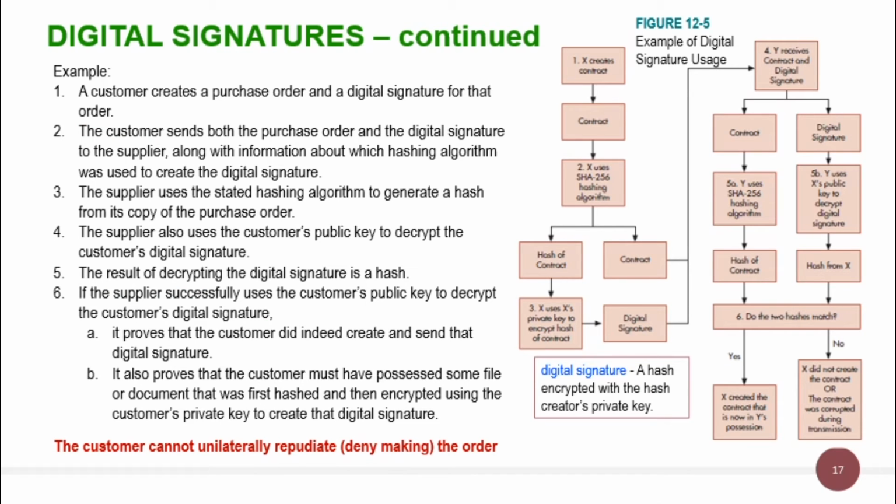For example, this is the example in figure 12.5 about the digital signature. A customer creates a purchase order and a digital signature for that order. This is the customer. He creates a contract, and then the contract goes through a hashing algorithm to make a hash of the contract, and the contract is then sent to the supplier, that uses the stated hashing algorithm to generate a hash of its copy of the purchase order.